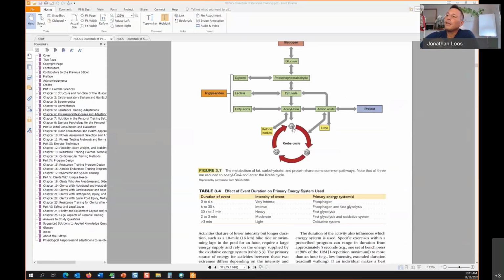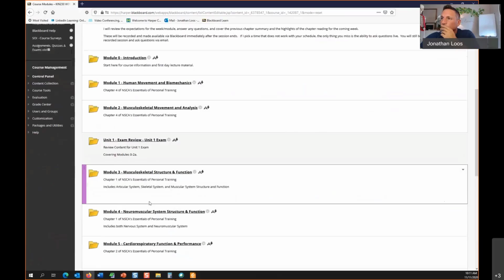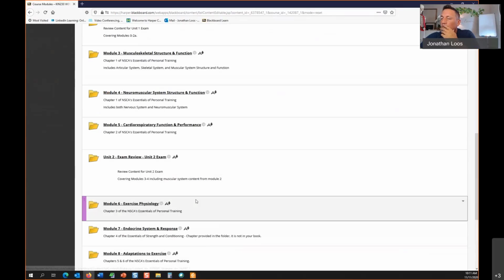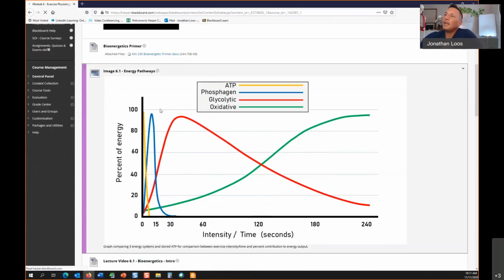And then understanding, let me go back to Blackboard here real quick. Understanding this image and being able to work through this and understanding the intensity dependency, and that intensity is what drives the energy system.